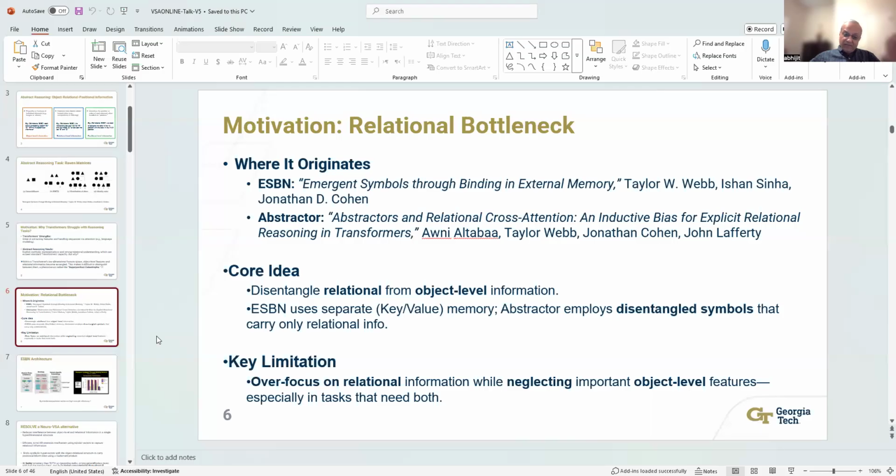You need some level of mixing between object level information and relational information to solve certain classes of problems. And these problems become harder to solve if you really completely separate relational from object level features. So we're advocating something like a middle of the road kind of approach. And that's what our architecture is about.